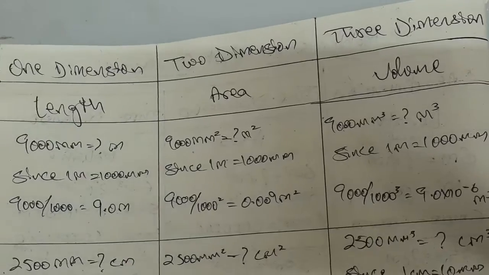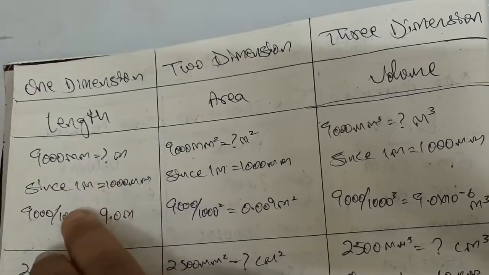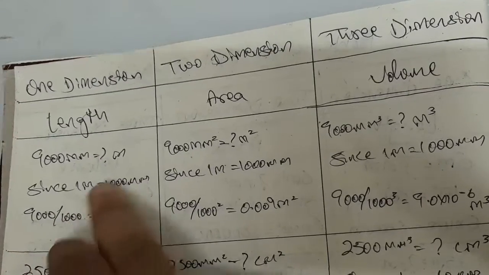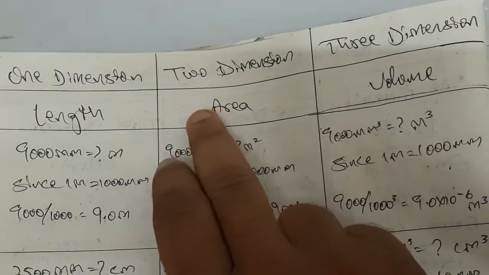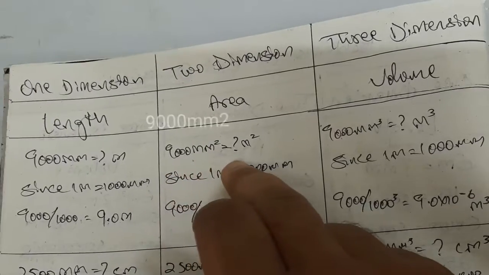Now moving on to the next problem, we have 9000 mm is equal to how many meters? So since 1 meter is equal to 1000 mm, we divide 9000 by 1000, which gives us 9 meter. Now moving on to the two dimension calculation, we have 9000 mm square is equal to how many meter square? So since 1 meter is equal to 1000 mm, 9000 divided by 1000 square gives us 0.009 meter square. Coming to the third dimension calculation, we have 9000 mm cube is equal to how many meter cube?